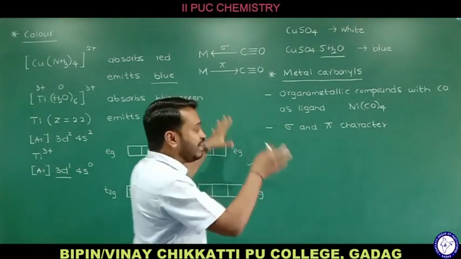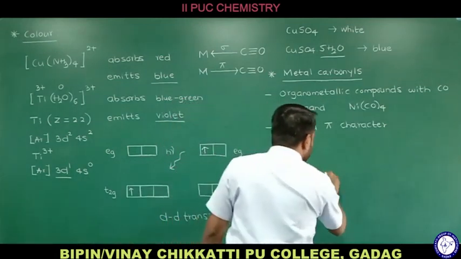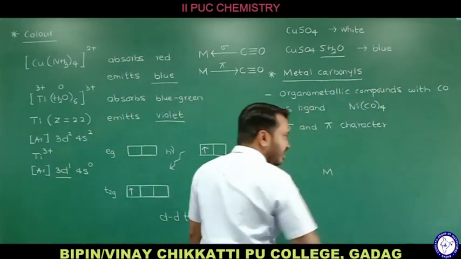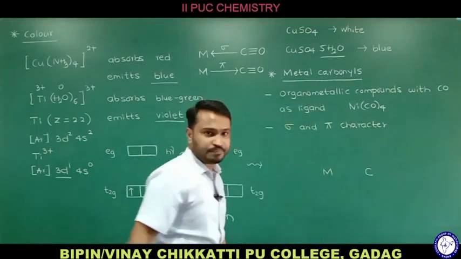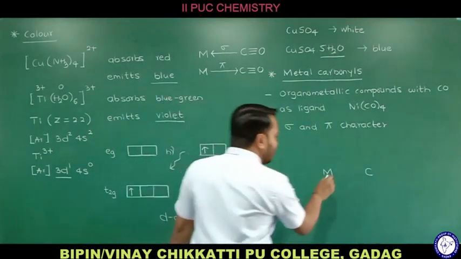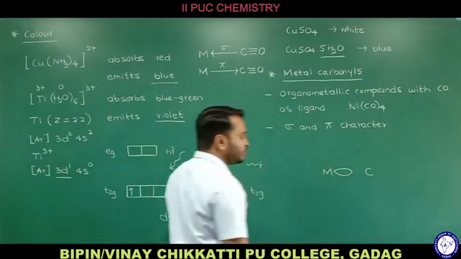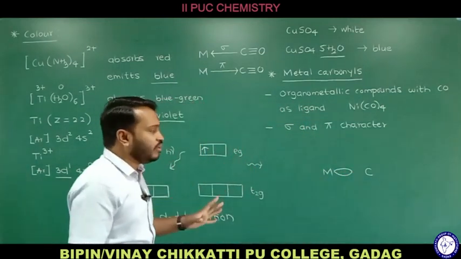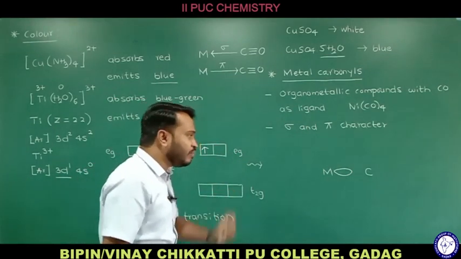Let me explain the same concept using the atomic orbital diagram. See here, M stands for the central metal atom, remember, and C stands for the carbon of carbonyl. I will draw the respective atomic orbitals only. This is the vacant atomic orbital of the central metal atom.